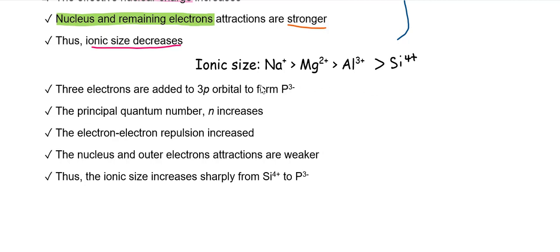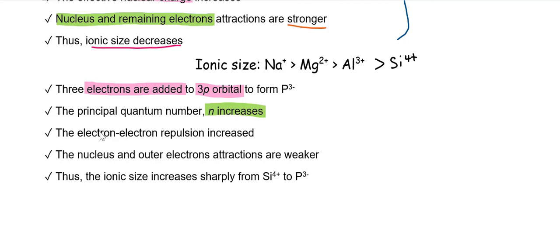Now the second part. We are going to jump from the positively charged cation to the anion, from Si4 plus to P3 minus. Since it is P3 minus, we add 3 electrons, and the electrons are added to the 3p orbitals. It will make the principal quantum number n increase.